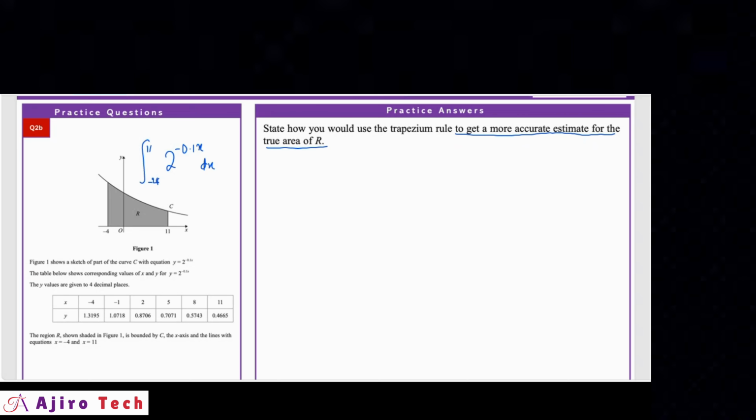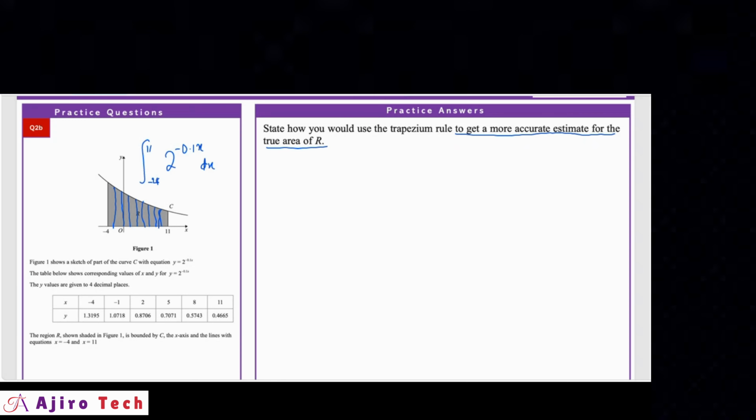But we are not going into that. So the best thing to do is to reduce the distance between each strip and make it more narrow, so we have more trapeziums. It will help us to get a better, more accurate result.